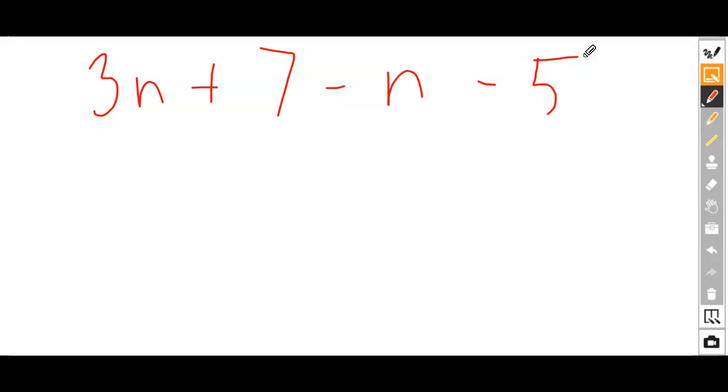All right, the first thing we have to do when combining like terms to write an equivalent expression is to get rid of the subtraction. And for some reason, I still have people just going plus, plus. You can't do that. You have to keep, change, change. Keep, change, change. All right? Now, we can combine like terms.